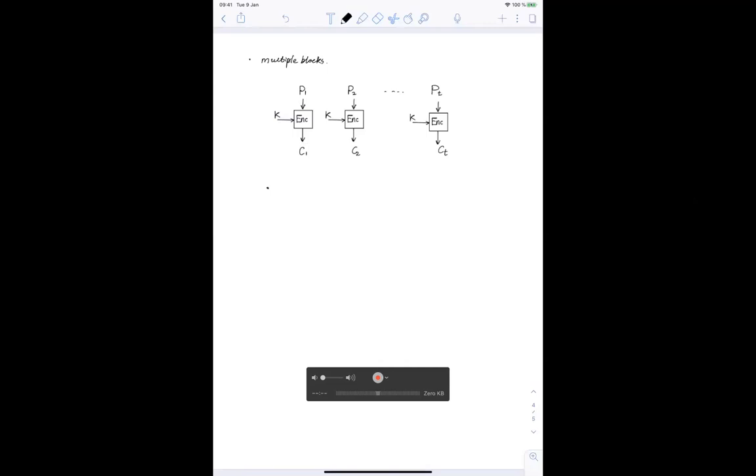Right, so we have a weakness: C1 equals C2 if P1 equals P2. Well, it's not necessarily a very bad weakness, but we want to avoid this feature or this pattern.